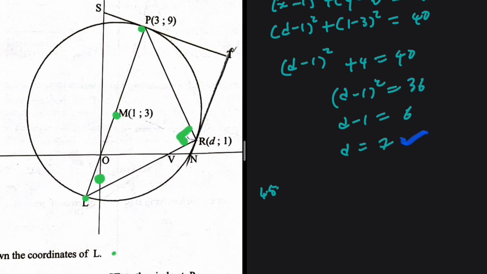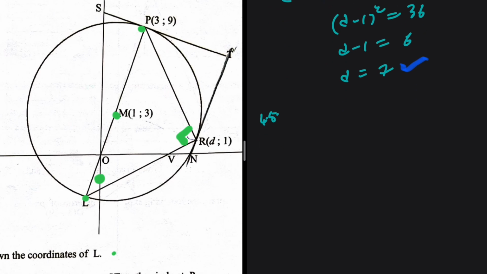Okay, so we will end up with angle R plus angle L plus angle P being equal to 180 degrees, because that's the sum of angles in a triangle. But angle P should be equal to angle L, right?